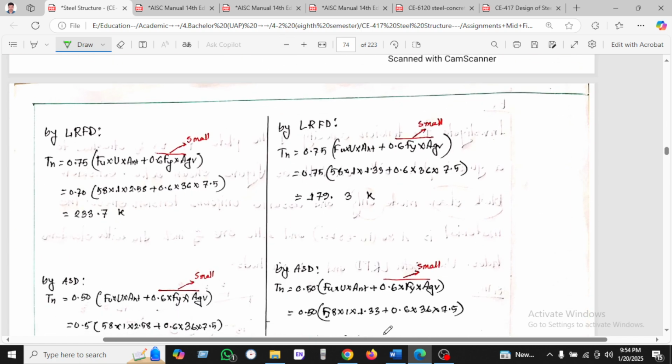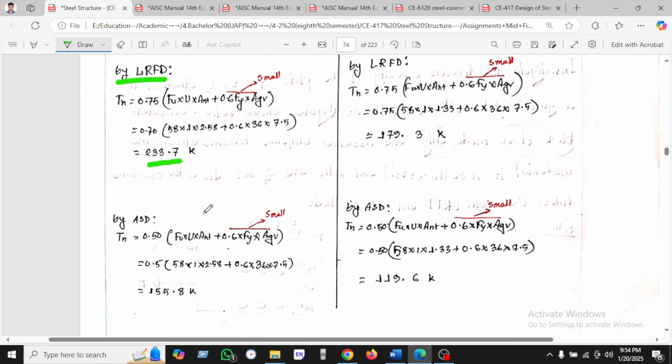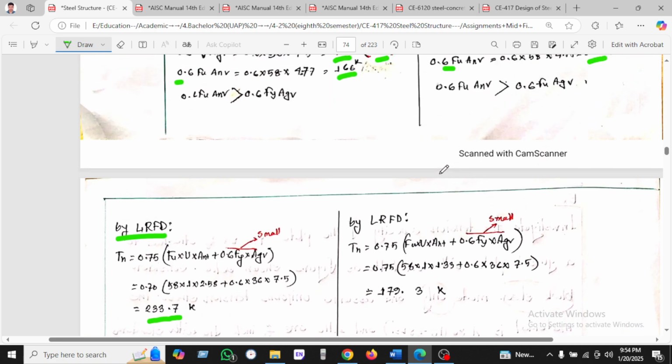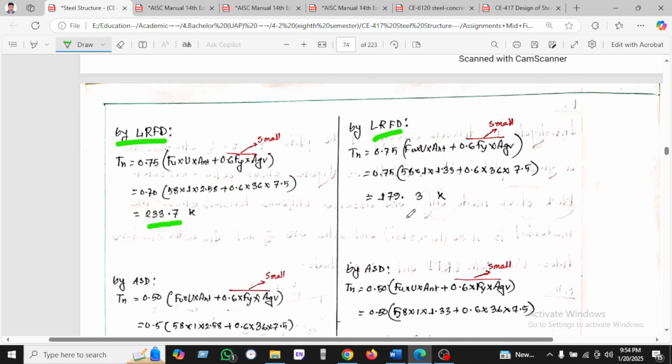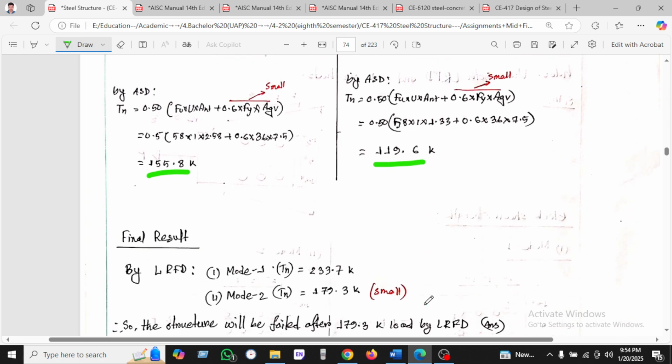After this, using the LRFD method we found 233.7, and using the ASD method we found 155.8. For mode 2 we found LRFD is 179.3, and ASD 119.6 kilonewton.